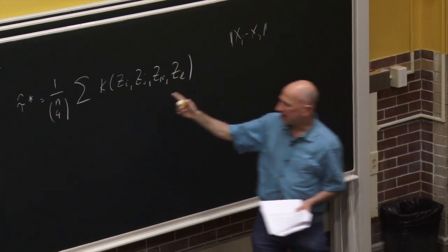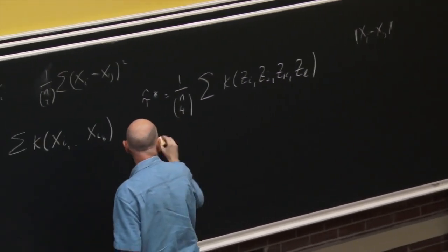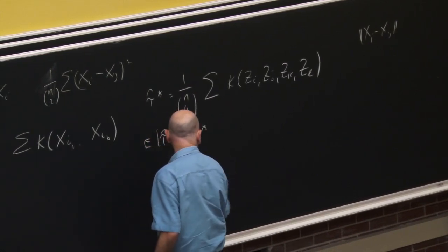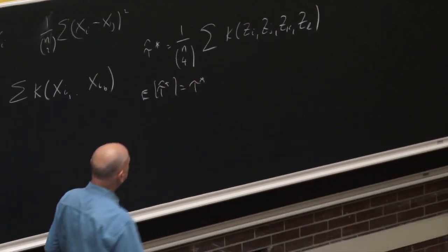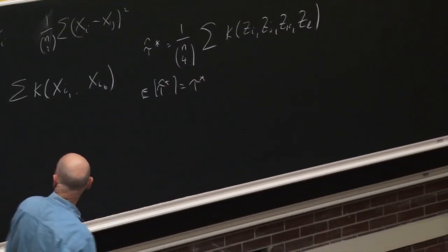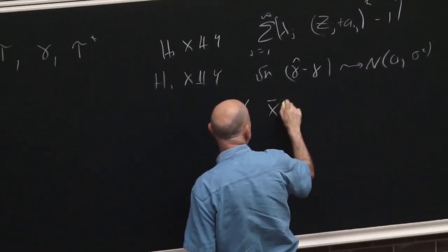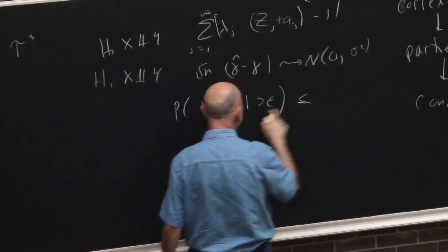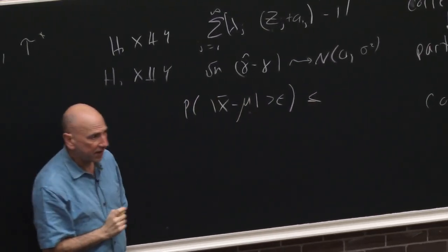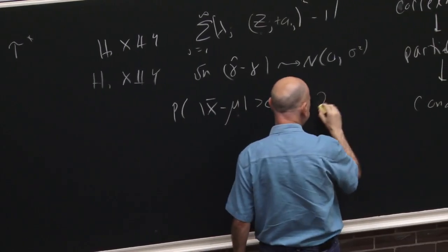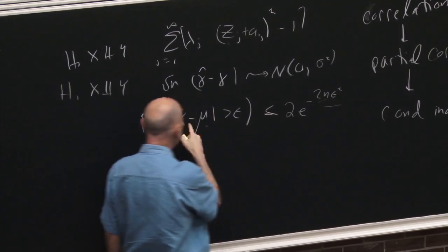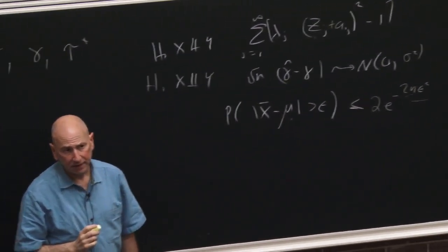So it turns out that, first of all, this is easily seen to be an unbiased estimator. But now I want to know, remember Hoeffding's inequality said that if I have an average minus the expected value of that average, that's less than or equal to something like 2e to the minus 2n epsilon squared, maybe another constant, depending on what range x can be.